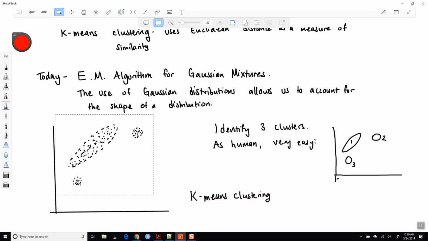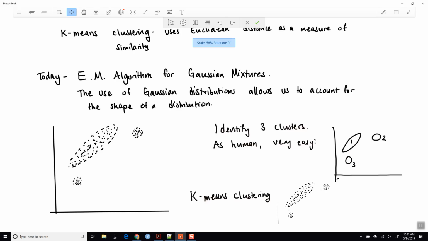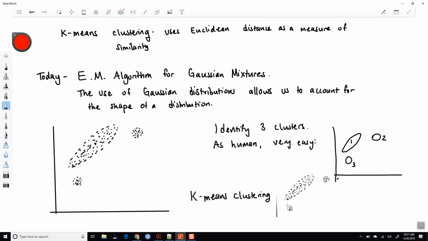But k-means clustering looks at the data here, and because it's using distance, it's going to say these two points are closer together. So they are similar.